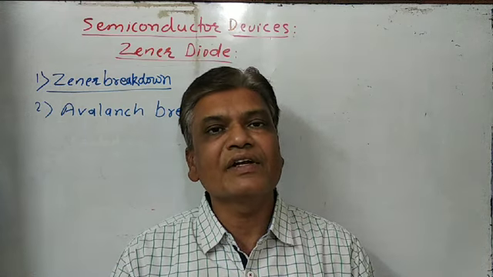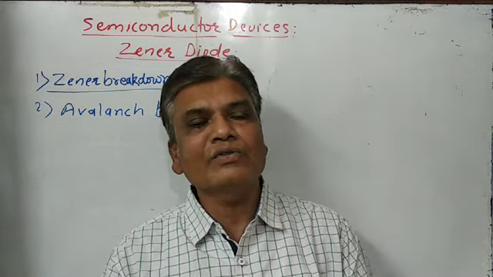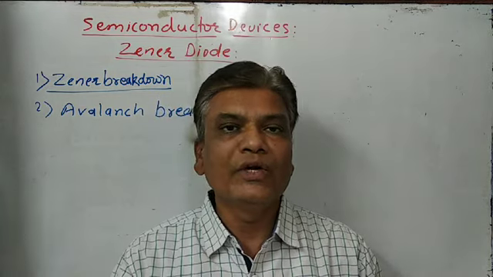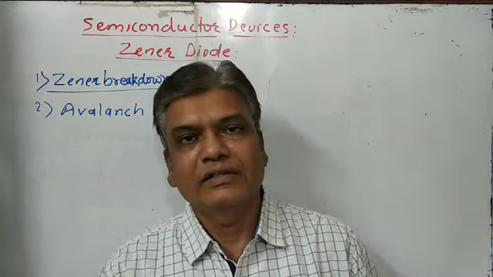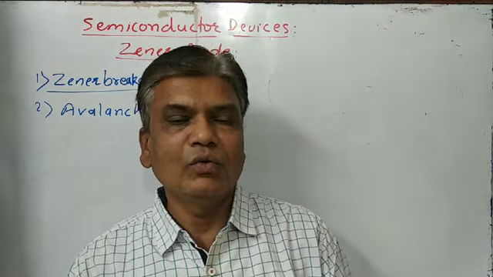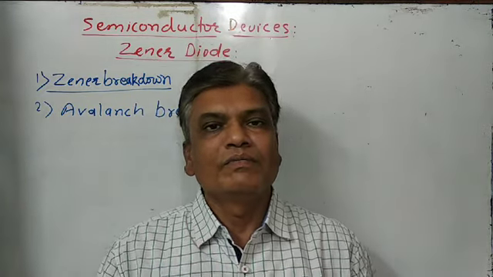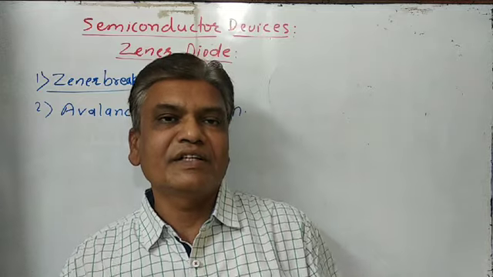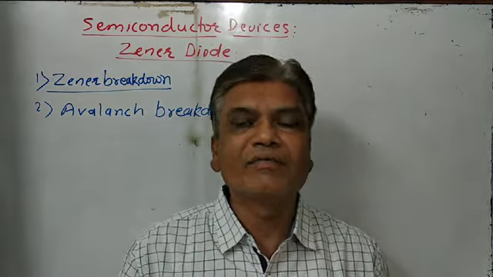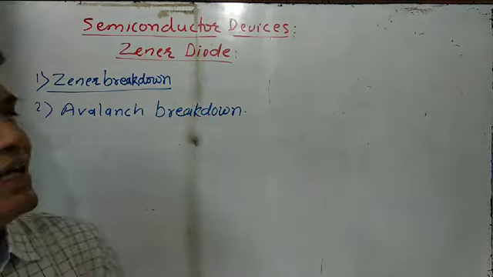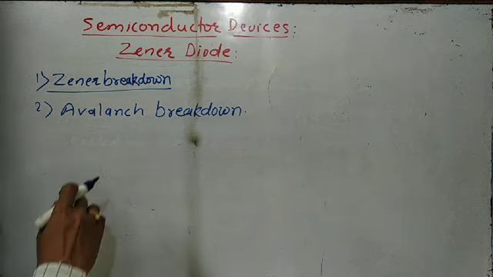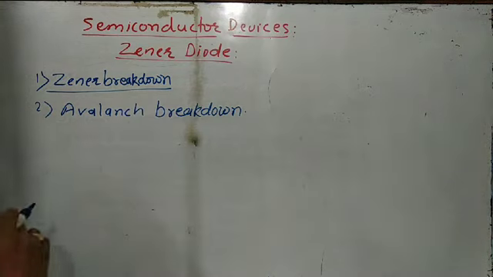This avalanche breakdown takes place in diodes with a low doping level, and that is why there is a wider depletion region. So what is the difference between Zener breakdown and avalanche breakdown?